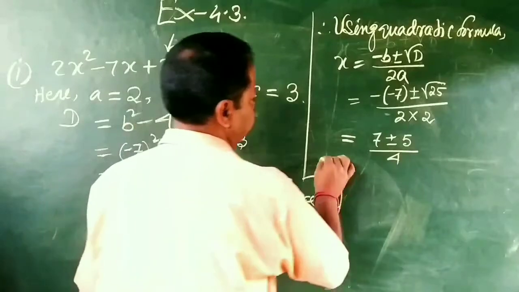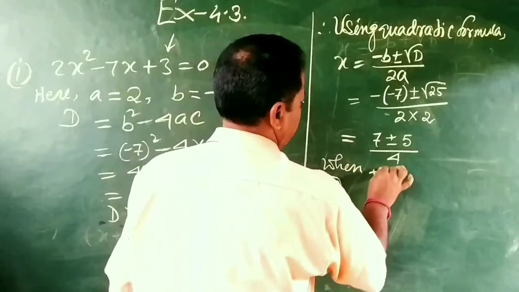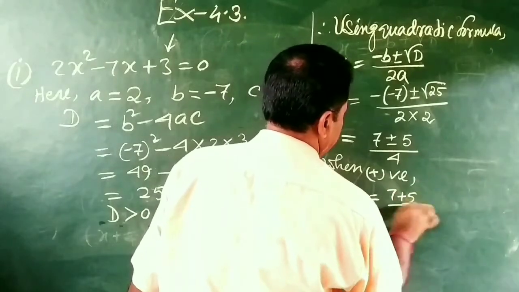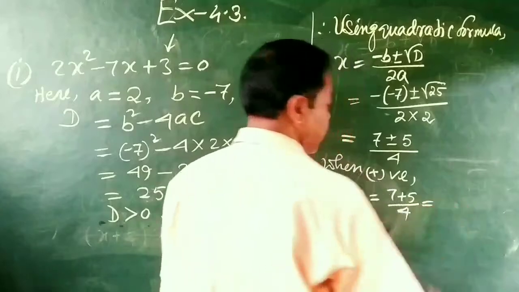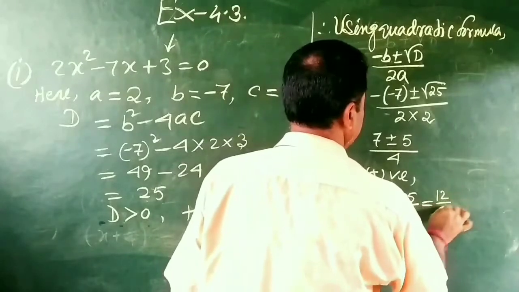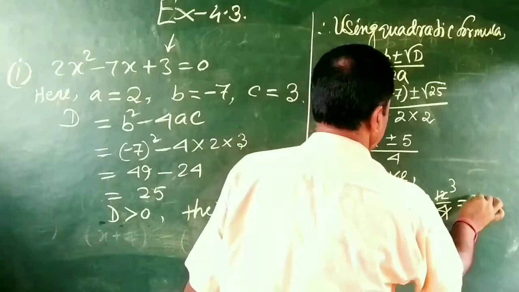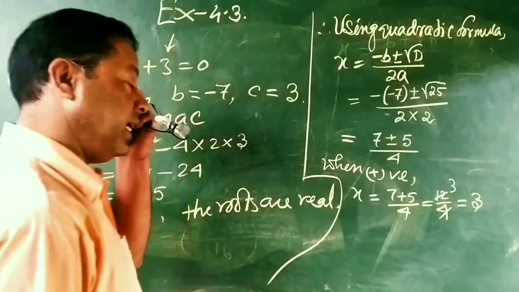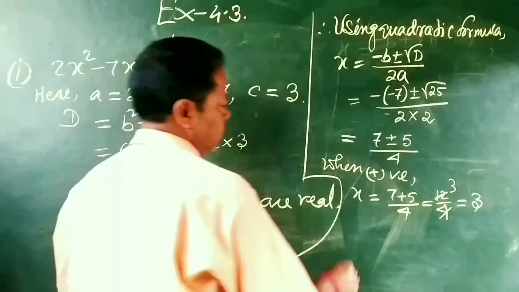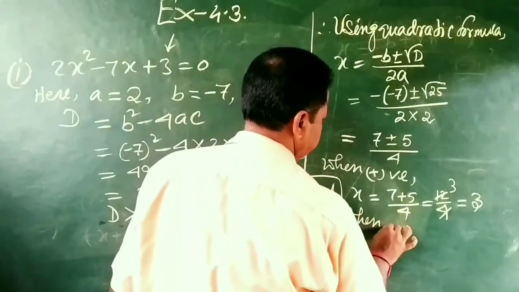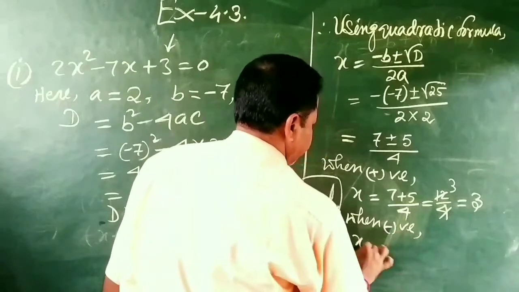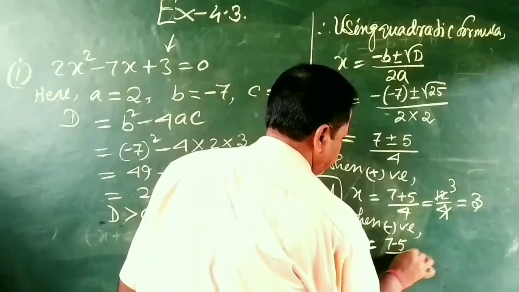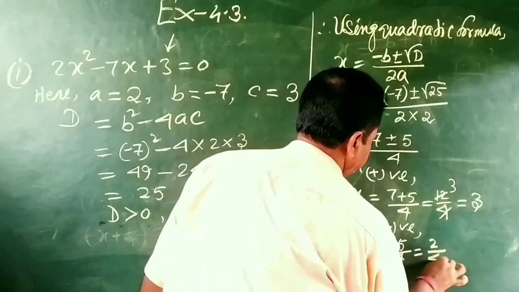So when positive, we will get the value for x as 7 plus 5 by 4. That is 7 plus 5 is 12, 12 by 4, then 4 threes are 12. So this is one of the roots. The positive value gives us one root. Again the negative value will give another root. When negative, we will get the value for x as 7 minus 5 by 4. This is 2 by 4.